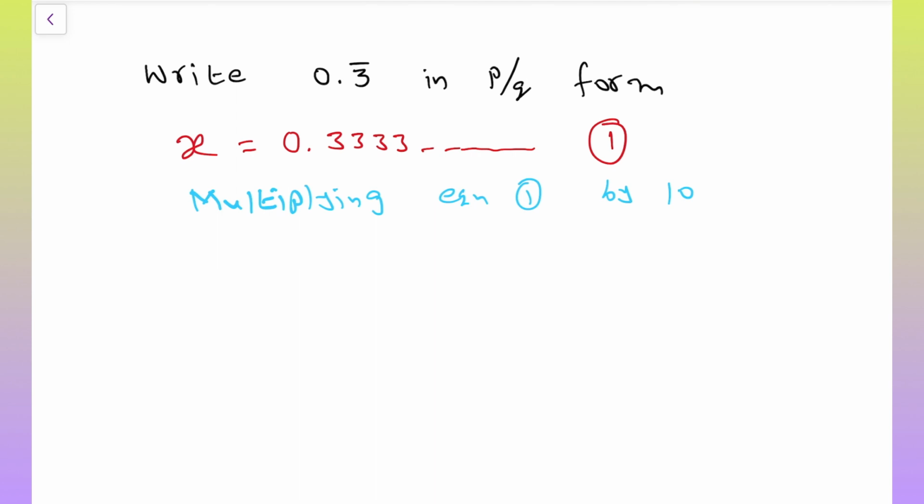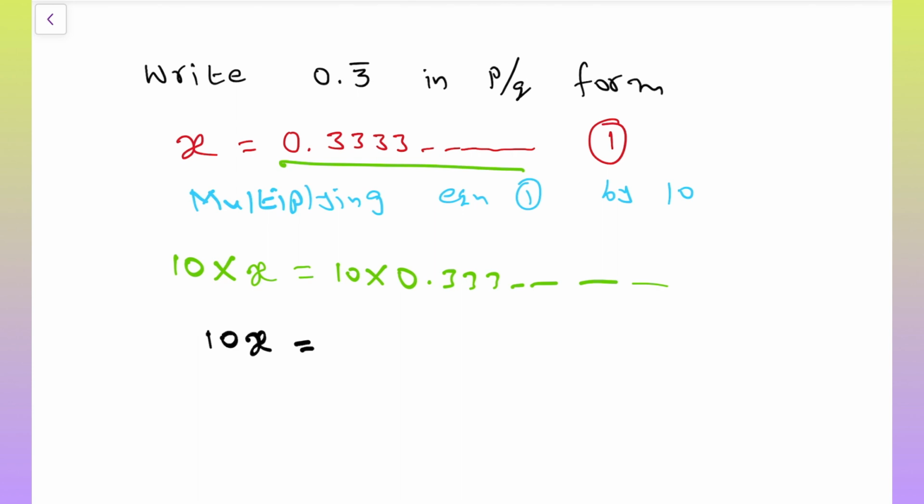Now, the first equation we are multiplying with 10. This is the left side of the equation, this is the right side of the equation, right? So on the left side, first let us multiply with 10. 10 into x is equal to. Now let us multiply the right side of the equation by 10. 10 into 0.33333 and so on. 10x is equal to, here 0.33 and so on, you are multiplying with 10. 10 has only 1 zero, so the decimal will move 1 digit to the right. If we are multiplying with 100, then the decimal will move 2 digits to the right.